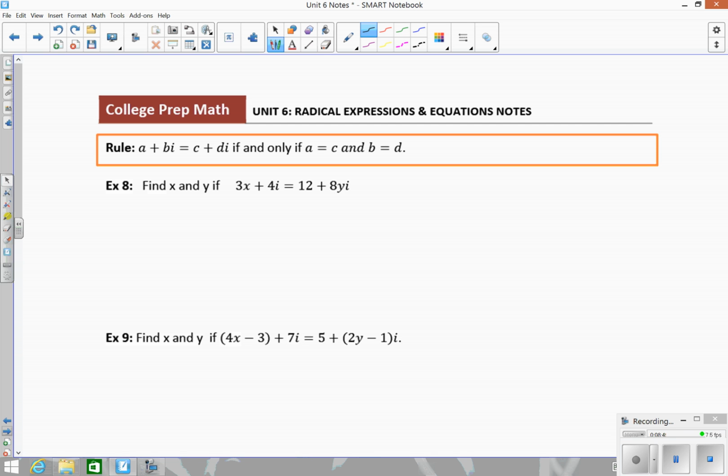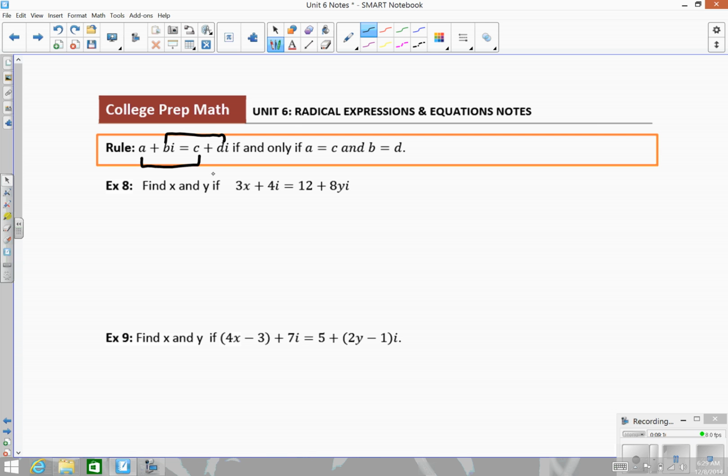And before we do that, we just have this other rule to take a look at. If I have this rule here where a plus bi equals c plus di, that's true if and only if a equals c, so these two parts have to be equal, the real number parts basically, and the coefficient in front of the i have to be equal.